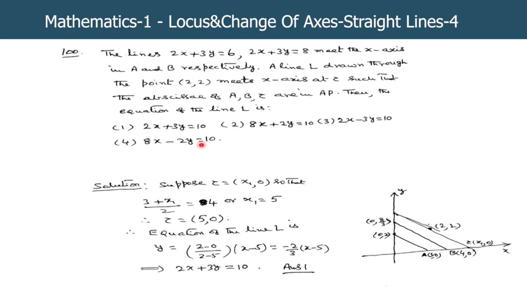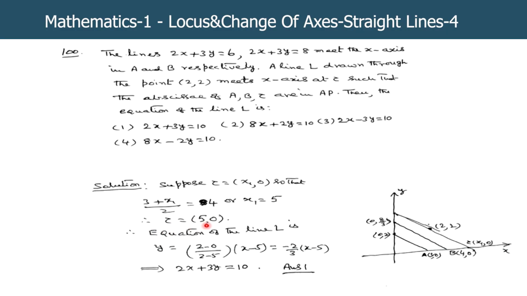And you know that the first two given lines are parallel lines. Suppose C is equal to x1 comma 0. So, therefore, because the x coordinates of A, B, C are in AP, you know that 3 plus x1 by 2 is equal to 4, or x1 is equal to 5.